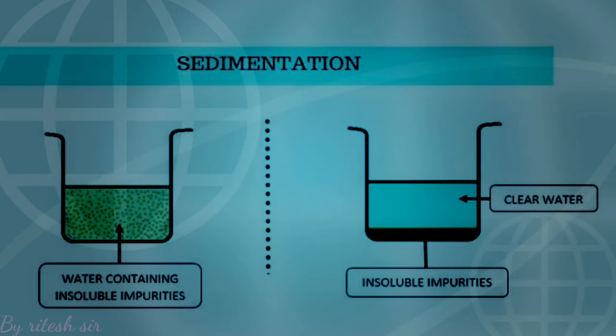Here in this diagram you can see that the left beaker contains water with insoluble impurity, and if it is left to stay for some time, the insoluble impurities will settle at the bottom and pure water stays at the top part of it. This process is called sedimentation.